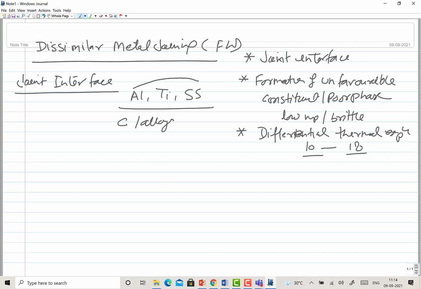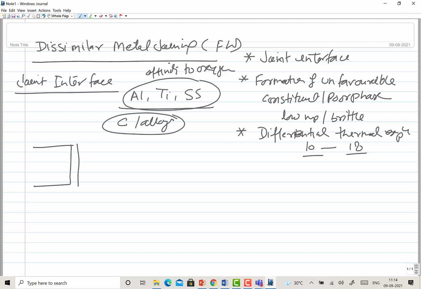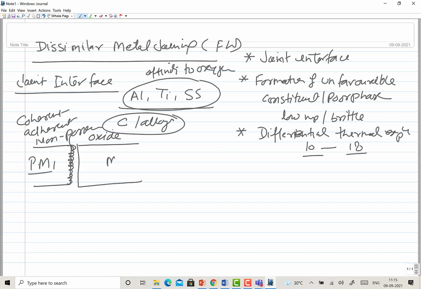You may find that one metal has a very high affinity to oxygen and the other does not have that much affinity. So whenever you are joining such a dissimilar combination, one has a very coherent, adherent and non-porous oxide layer. This oxide layer is very intact with one of the base metals, say parent metal 1 and parent metal 2.